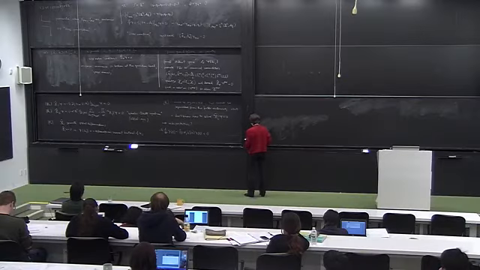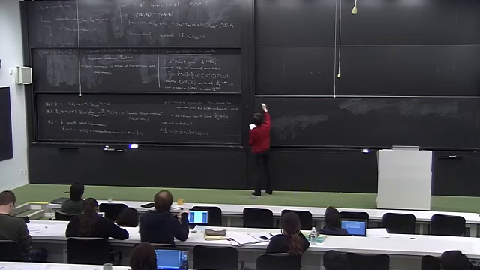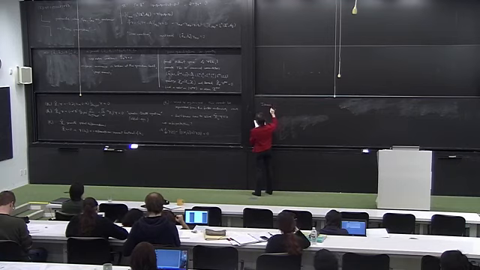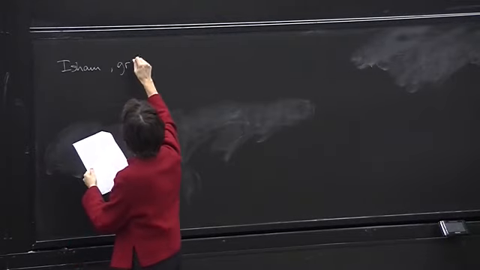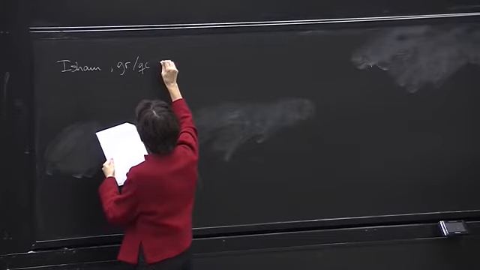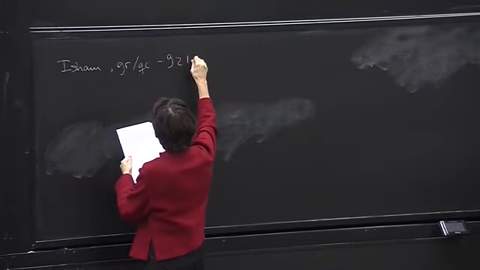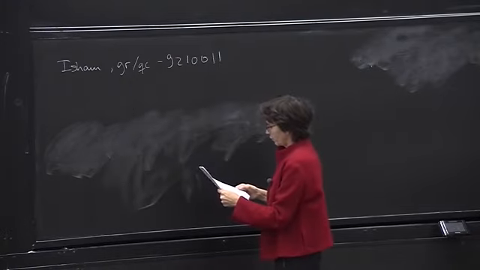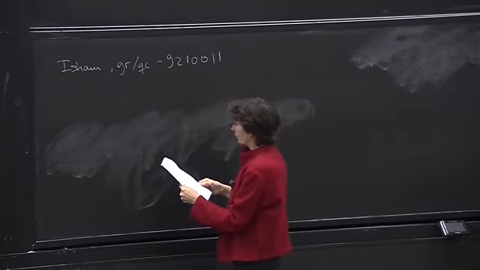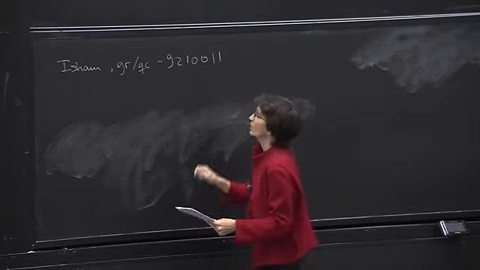One of the references, on the arXiv, is by Isham, a classic paper, gr-qc/9210011, called Canonical Quantum Gravity and the Problem of Time, and it has about 120 pages or so.